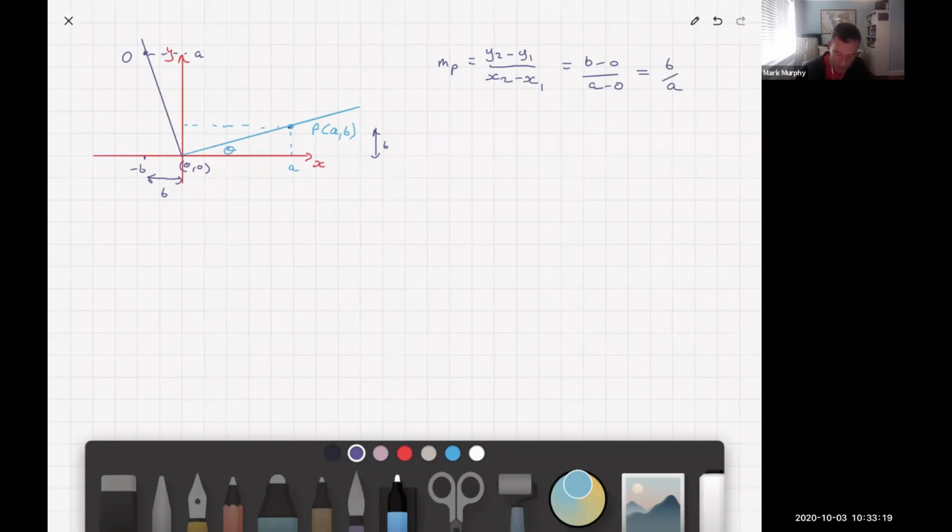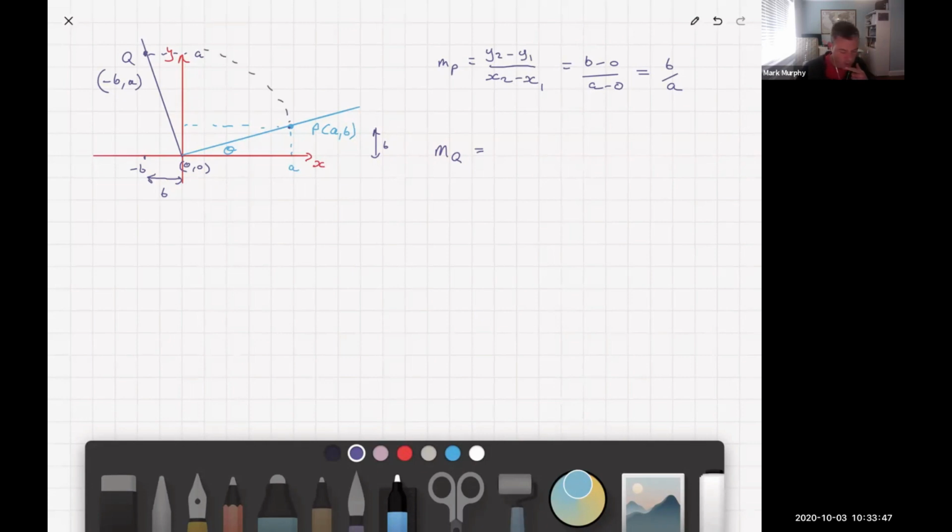Now similarly, we look at the line Q, which is this line. And we'll do the same again. So we say the m of Q is equal to, in this case, our y2 is actually this coordinate up here. I should write that down, that's minus B, A. So we're going over minus B and we're going up the height A. So the A is the same because we're just basically rotating it.